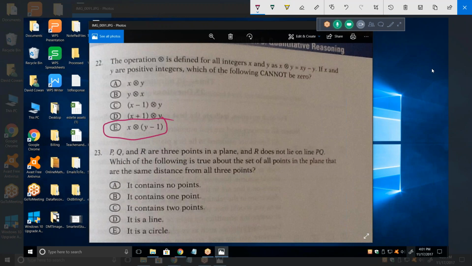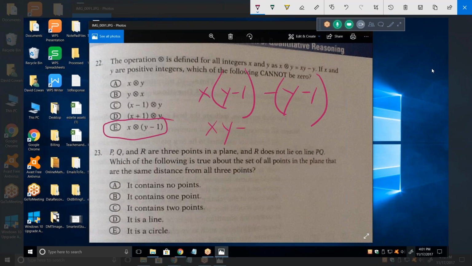Okay. So this says the number on the left is x. The number on the right is y minus 1, minus the number on the right, which is y minus 1. Have I done that properly? I think I have.